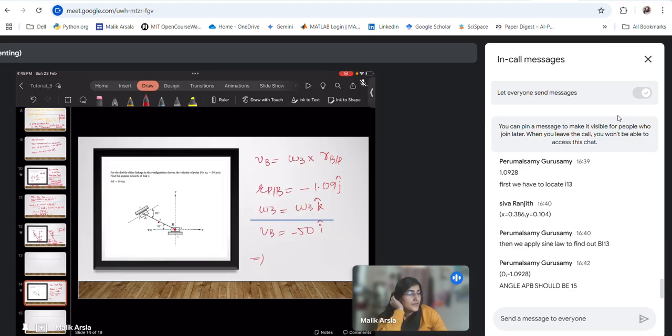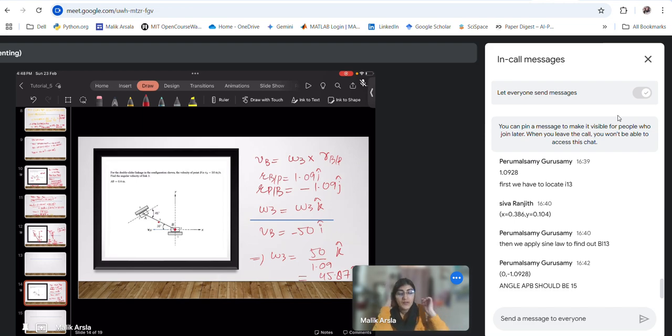So here if RPB is minus 1.09 J, you will write RBP as 1.09 J cap. This is simple, you should be getting it by now. Omega 3 is coming out to be 50 upon 1.09 K cap, which is equal to 45.87 K cap.